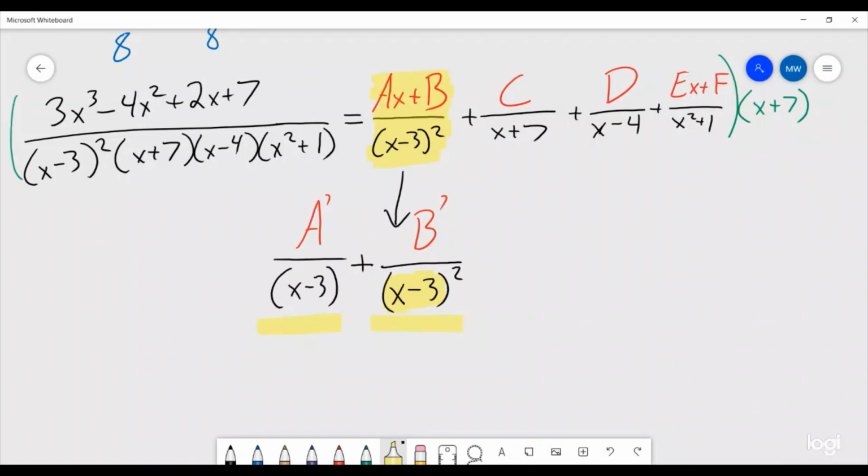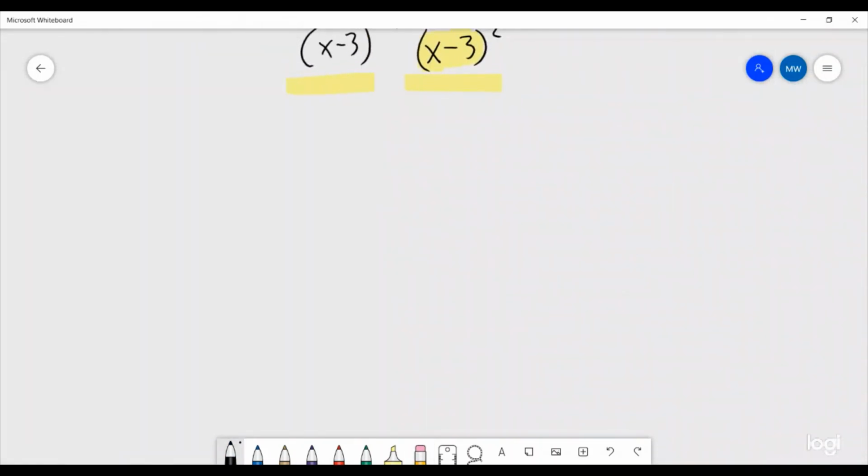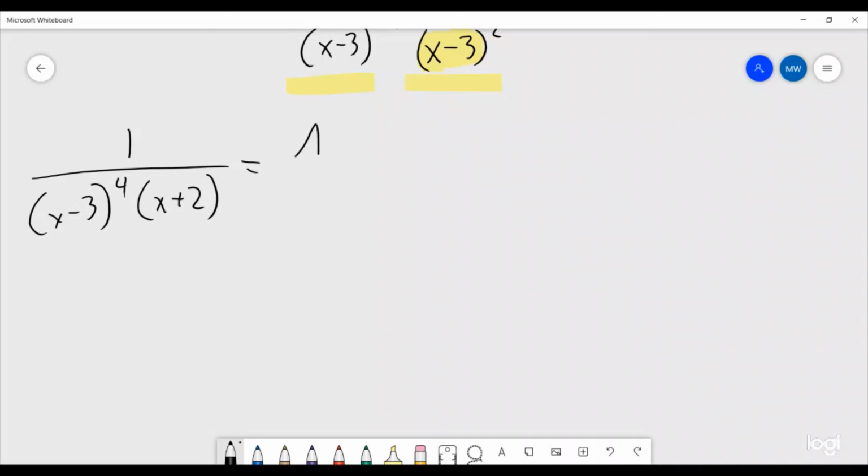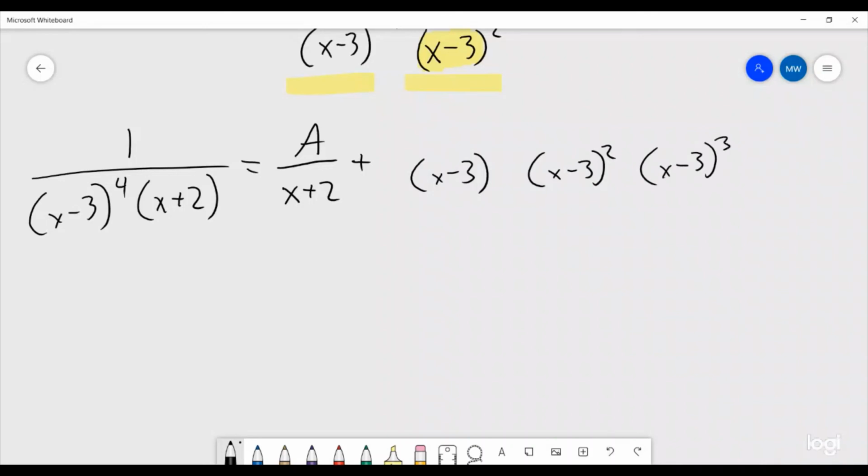So for example, if instead of being x minus 3 squared, it had been x minus 3 to the 4th, so if we were given something like 1 over x minus 3 to the 4th, x plus 2, this would give us something over the x plus 2, but then we are going to have something over x minus 3 squared, x minus 3 to the 3rd, 3 comes after 2, and then x minus 3 to the 4th.